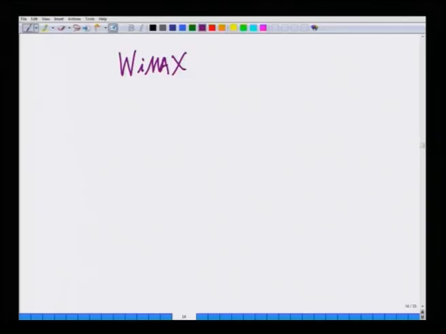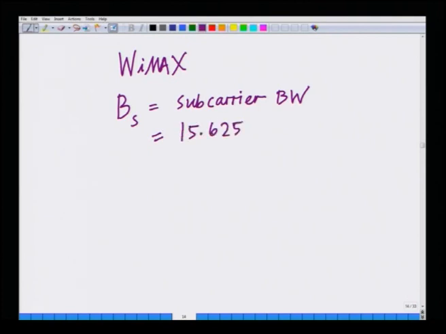The subcarrier bandwidth Bs equals 15.625 kilohertz. We said the bandwidth per subcarrier is 15.625 kilohertz. So, 5% of 15.625 kilohertz, that is the frequency offset.